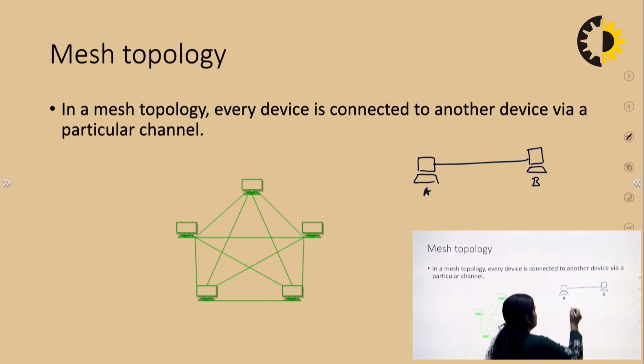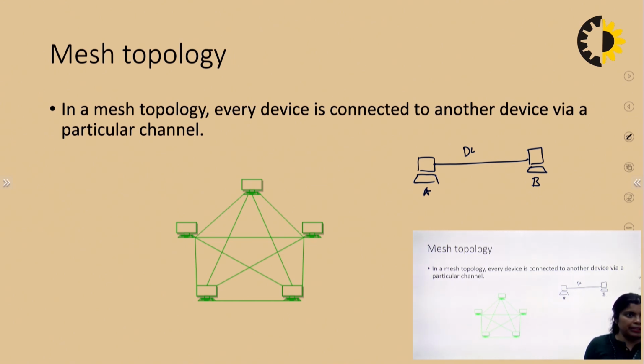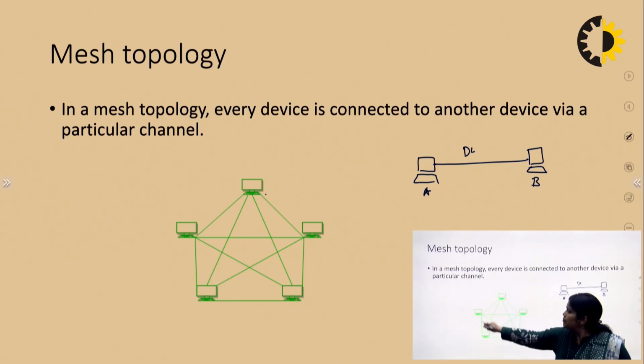This link is called the dedicated link, and there is dedicated communication between these two. In the mesh topology, all the cables are dedicated links. All these systems are connected.